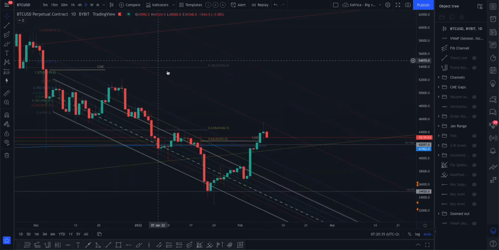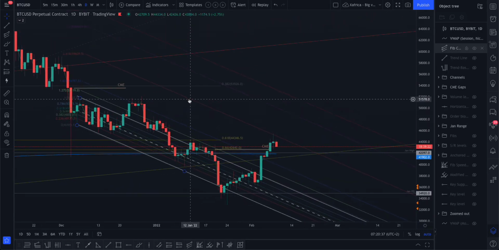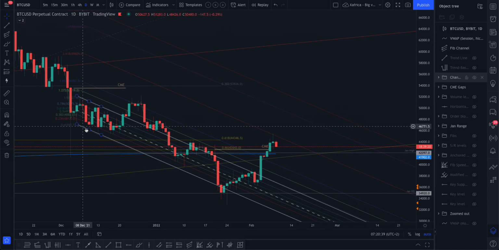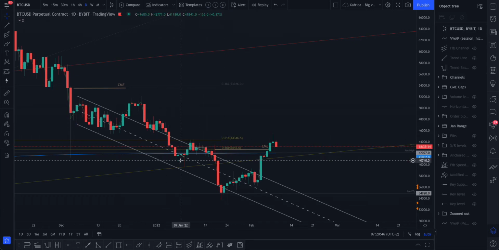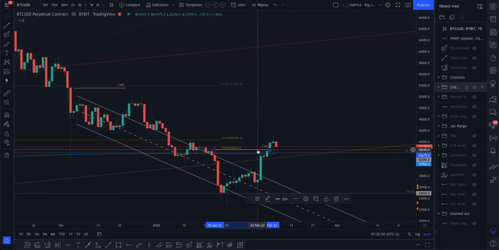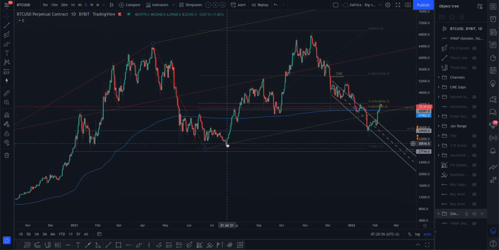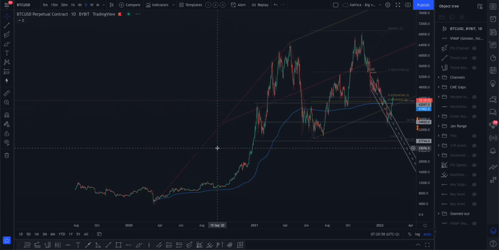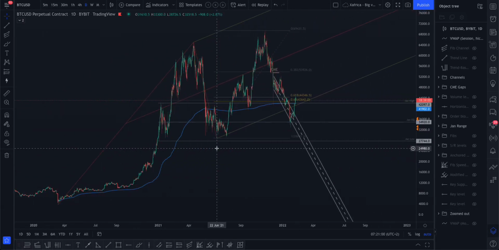Just staying on the zoomed out view, this looks a bit busy, but I just want to explain. Let me just switch off the FIB channel first. So still this old channel we have here, and then we obviously cleared that CCMA, so I can just take that away. So just before I get to the point I wanted to make, zooming out to that pitchfork.